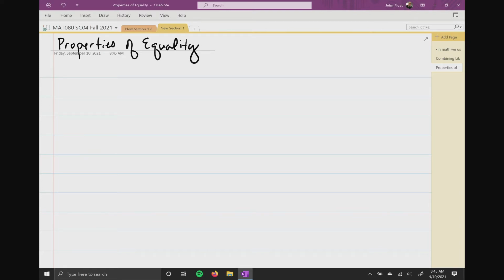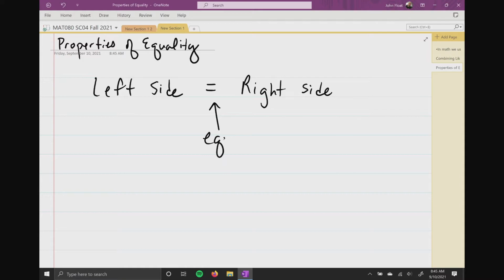Okay? Now, when we talk about equality, what we're saying is the left side of an equation and the right side of the equation are equal. All right?